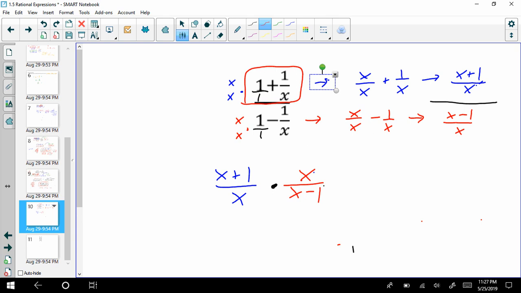I flip-flop it. And now the easy part, I see, can I cancel anything? Yes, I can cancel the x's because there was multiplication, but that's it. So my answer would be x plus 1 over x minus 1.